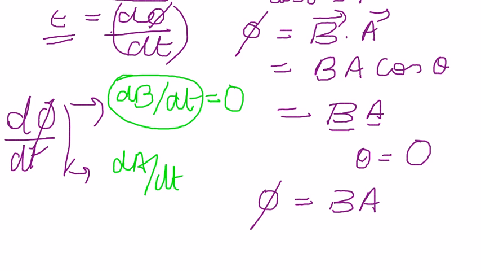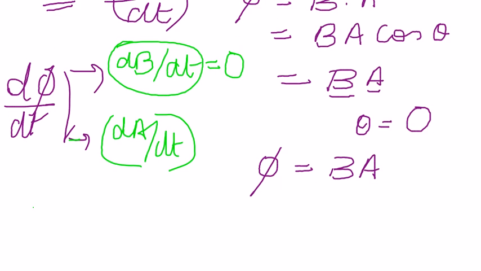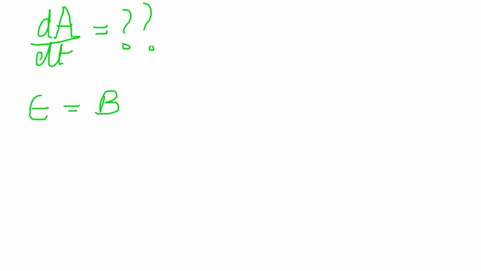So d phi dt is due to change in area. So we need to find out what is this change in area, dA dt, because induced EMF is equal to B dA dt.